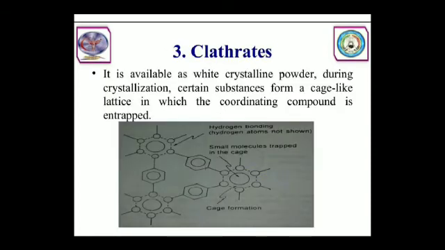The third type of inclusion complexes is clathrates. These complexes are available as crystalline powder. During crystallization, certain substances form a cage-like lattice in which a coordinated compound is entrapped.